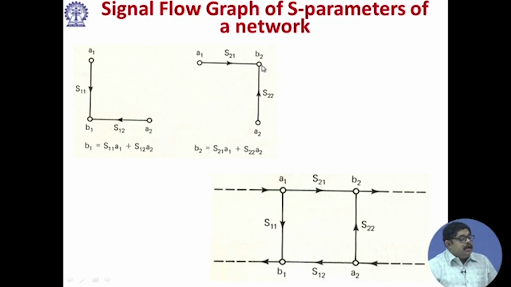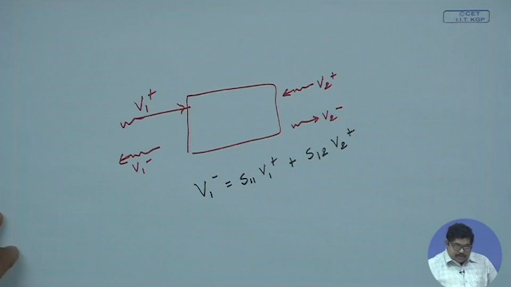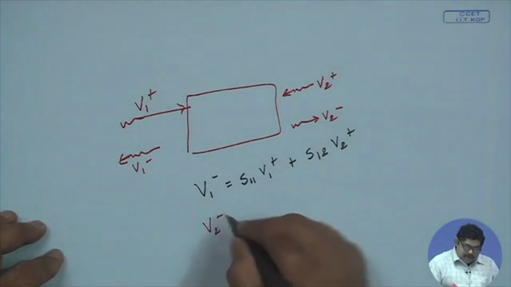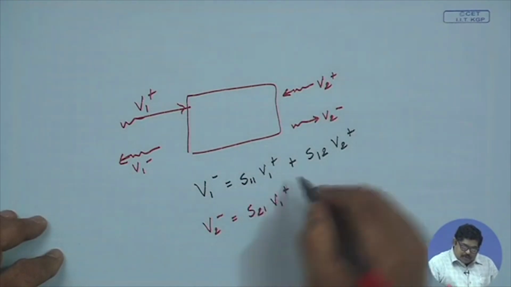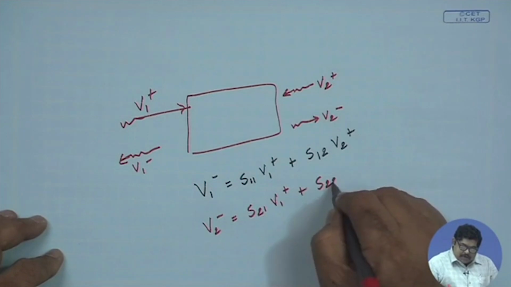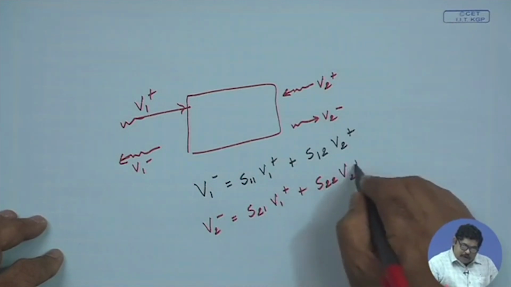Similarly, the dependent variable in the second port B2, which was actually V2 minus, we can write as V2 minus is equal to S21 V1 plus plus S22 V2 plus.